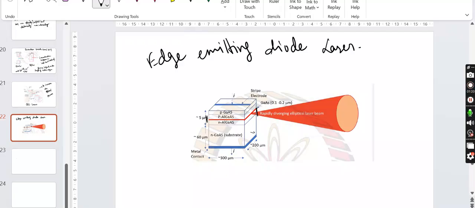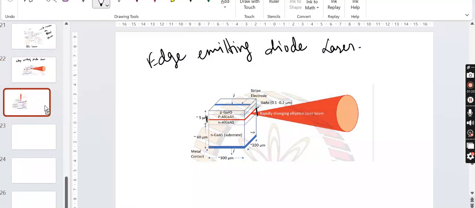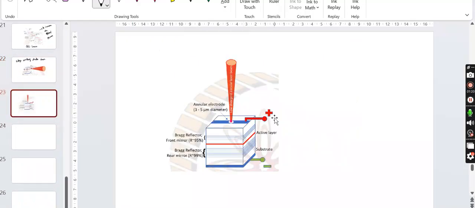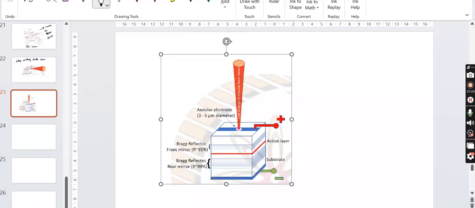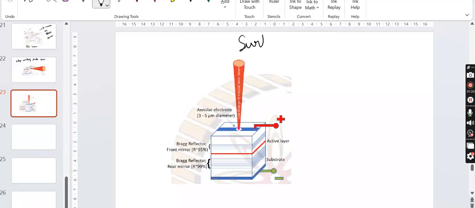So to overcome that, we go to the surface emitting diode. Here you can see the mirrors are here and here, the rear mirror and the front mirror.